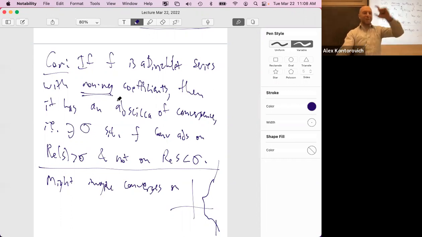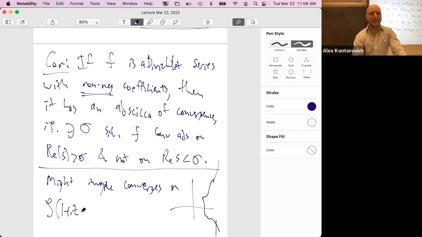In fact, the shifted zeta function has exactly this property. I just mean zeta of 1 plus it plus s.